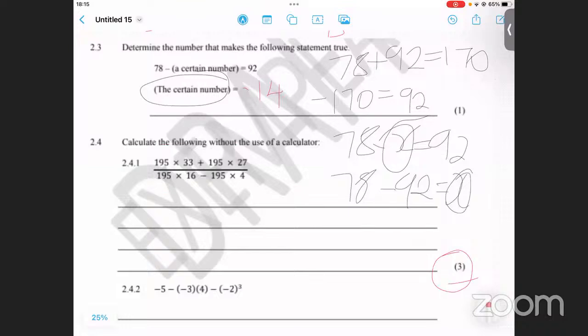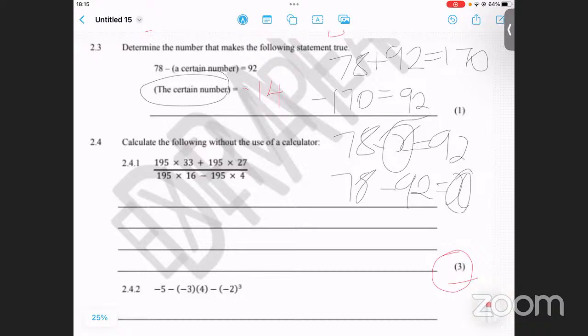And then, ma'am, I got the answer to 195 times 27. I got 5,265. So it's going to be 6,435 plus 5,265.